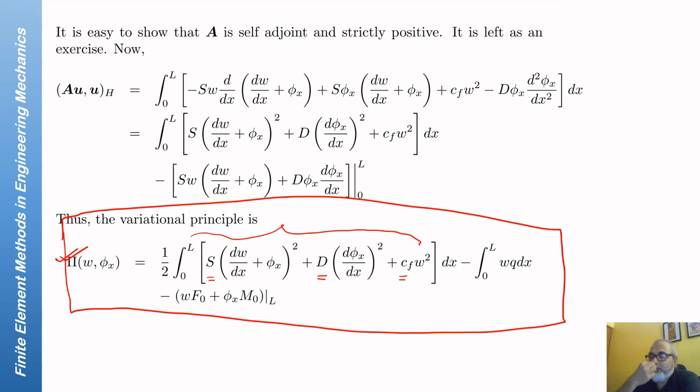And once we are able to convince ourselves that we have a strictly positive operator, then we can immediately write down the variational principle, the minimization of which will give us the same solution as the original differential equation. So basically our finite elements will start from here, set del pi equal to 0. That's the Euler-Lagrange equation. And then if we can find a function that sets del pi equal to 0, we are done. So this is how we go about.